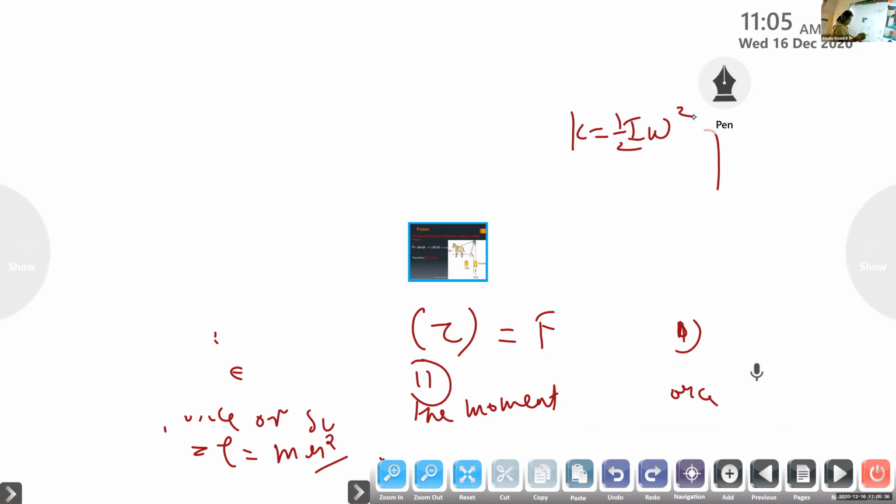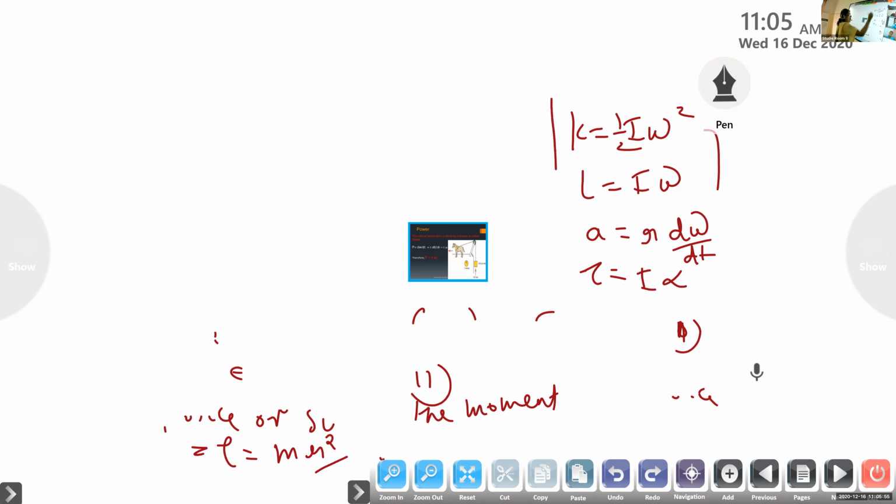Then angular momentum, I omega. Then acceleration, in terms of r d omega by dt. And the last is torque, that is I alpha. So these are the 4 equations we have learned now.